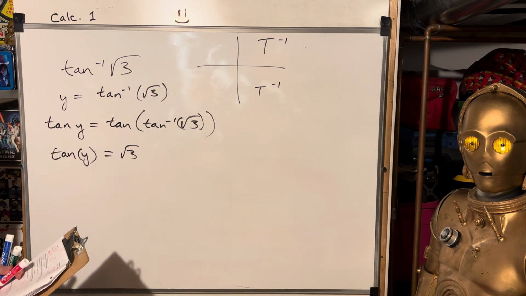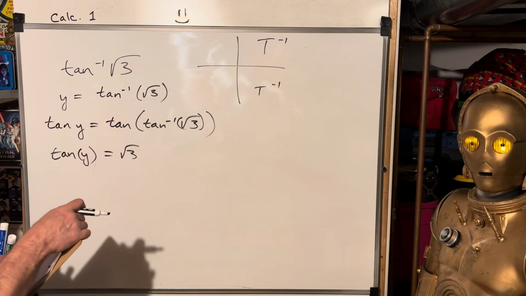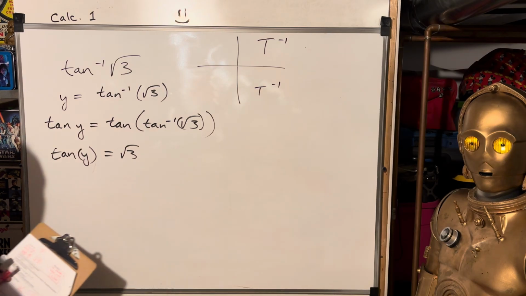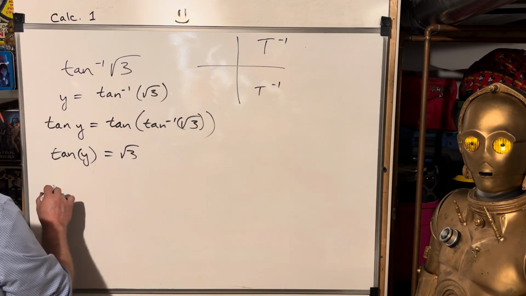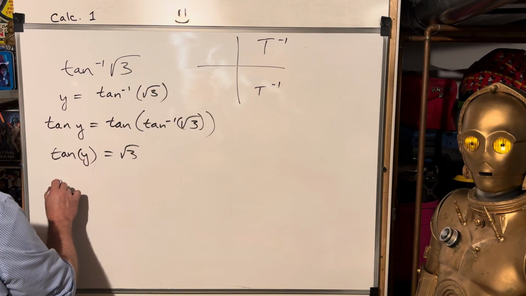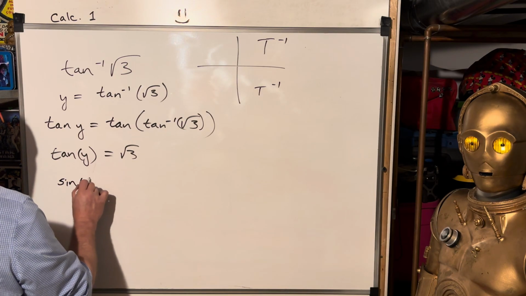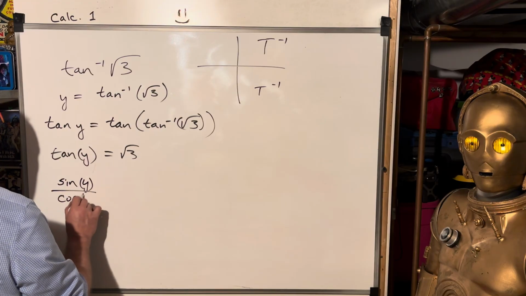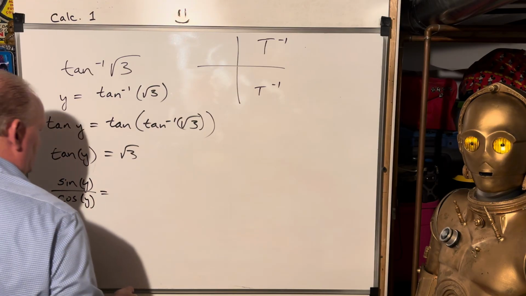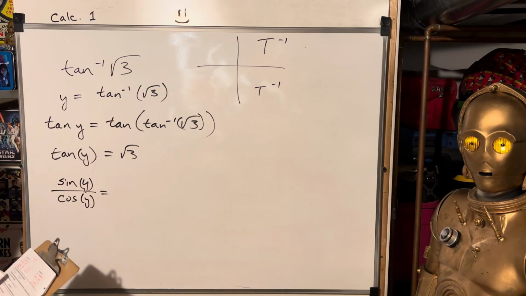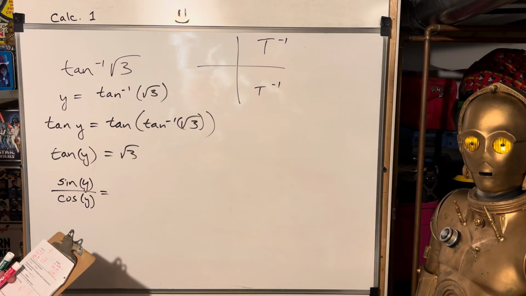So they want to know when is the tangent equal to the square root of 3. And so you got to think about that. It's going to be, remember, tangent is the sine over the cosine. And so how are we going to end up with a square root of 3 there?